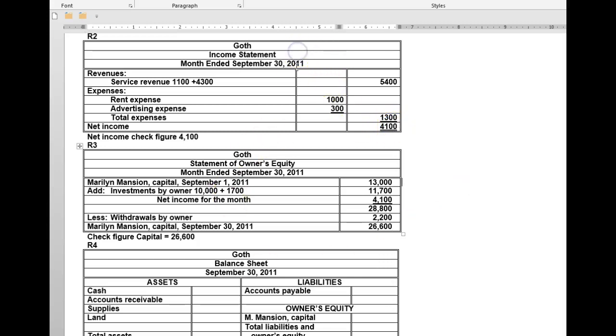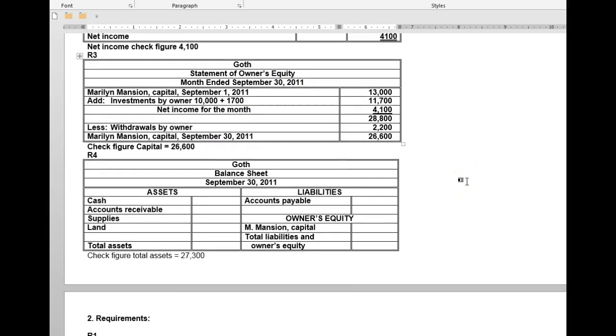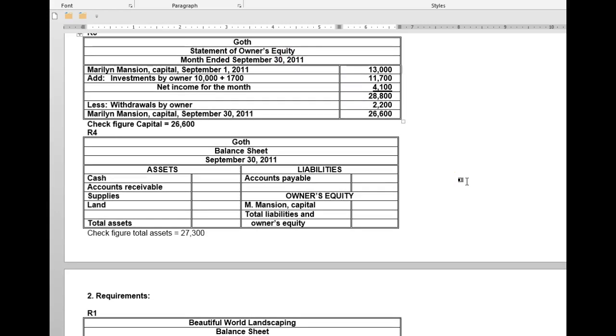I have an income statement taken care of and a statement of owner's equity. Now we're going to do the balance sheet. And you just pull that off of those numbers at the bottom. So your cash should be $8,500. That's directly off that worksheet.